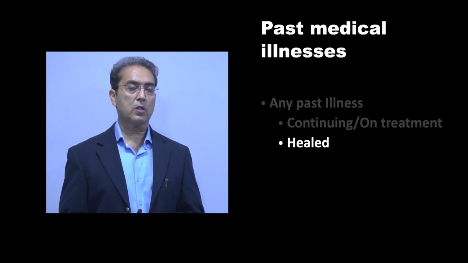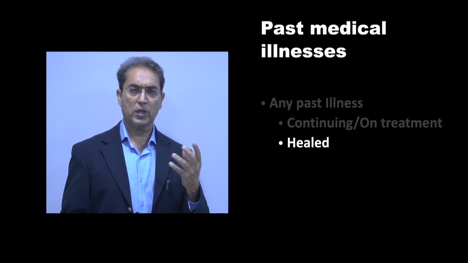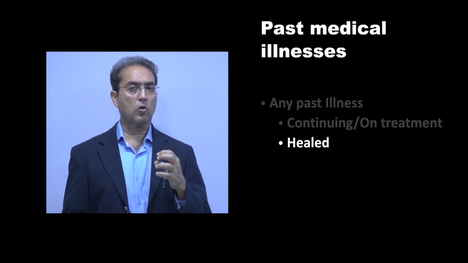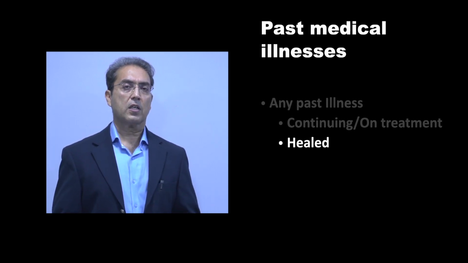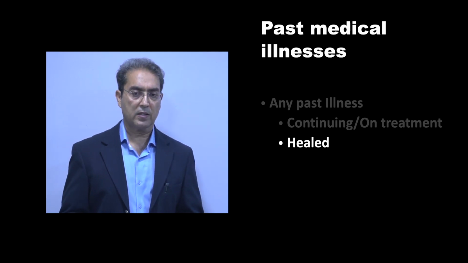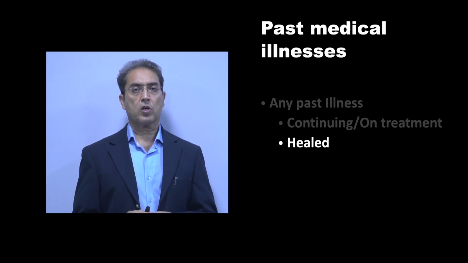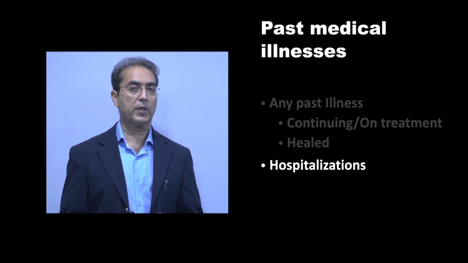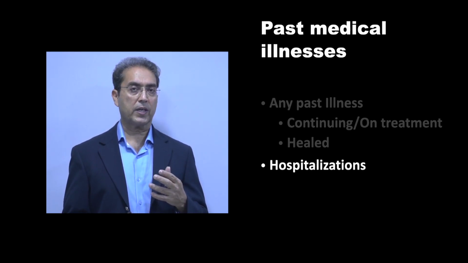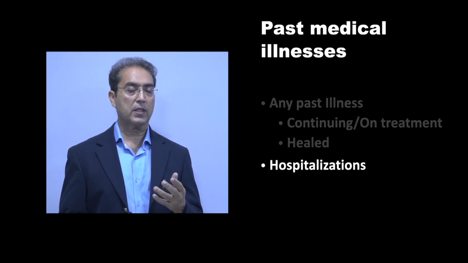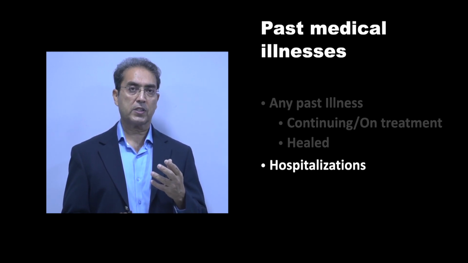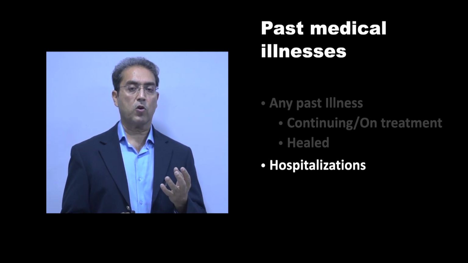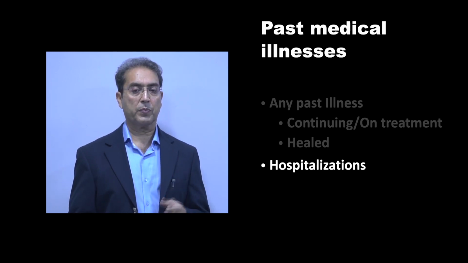Sometimes patients think that a few illnesses are not important, so they do not mention them. So try to get hold of all information about the patient's past medical illness. Then also go for the evaluation of hospitalization. Has the patient ever been hospitalized? If the patient was hospitalized, for what reason, and what was the hospital stay, what were the exact procedures done, was he given a diagnosis, and was he discharged on a follow-up treatment.